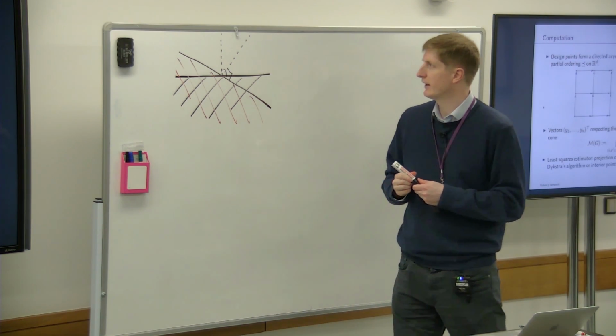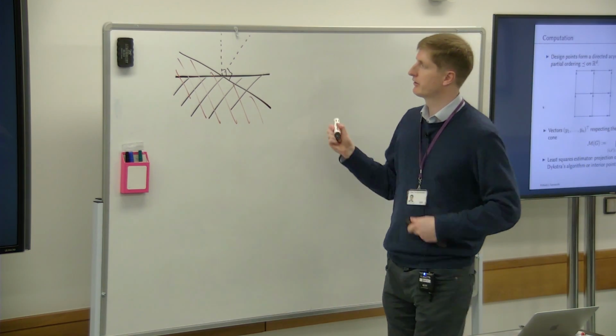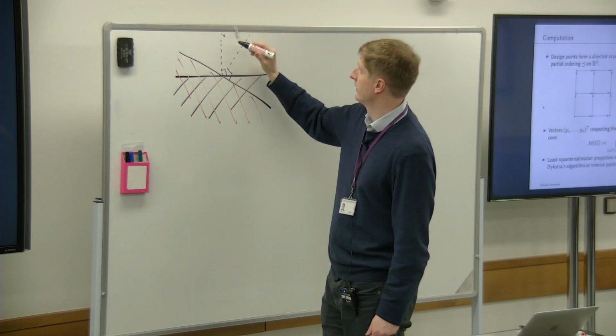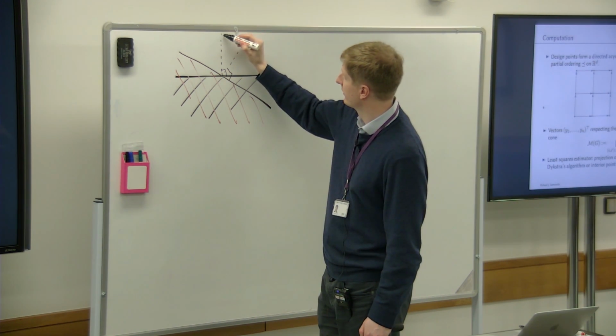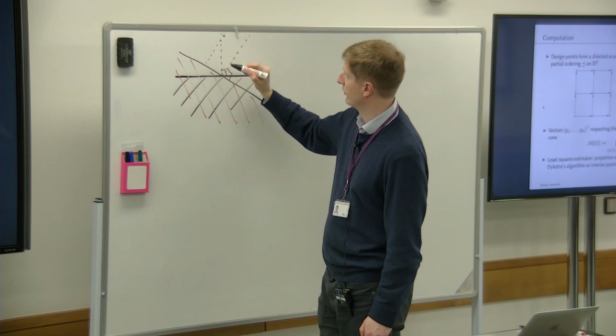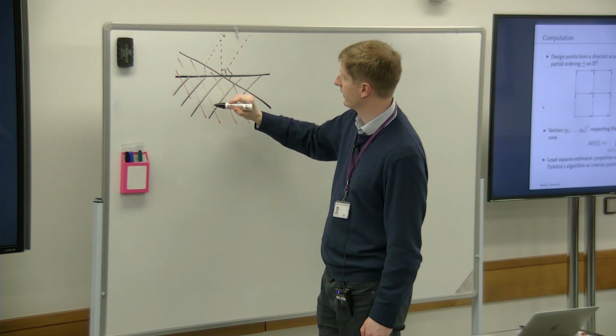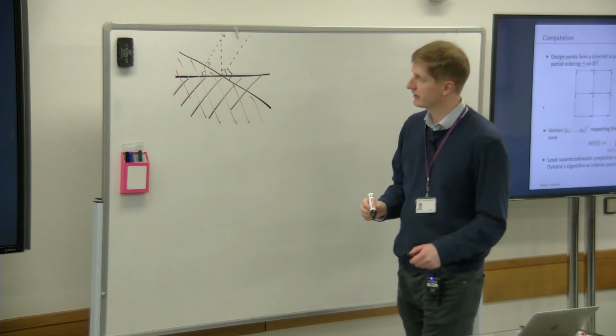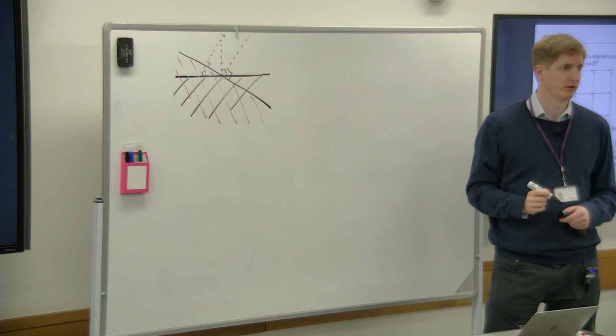The most naive algorithm, von Neumann's algorithm, would say if I start with a point here, then I would project onto one and then project onto the other. But what you immediately see is that that's projected onto the wrong point.